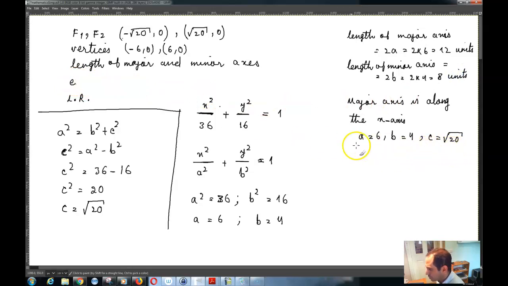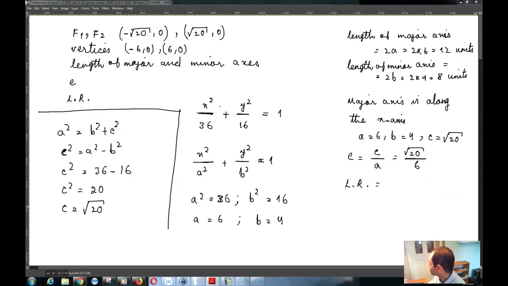And the eccentricity e, which is equal to c over a, is equal to square root of 20 over 6. And the length of the latus rectum is equal to 2 times b squared over a.